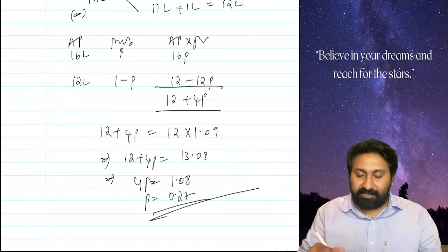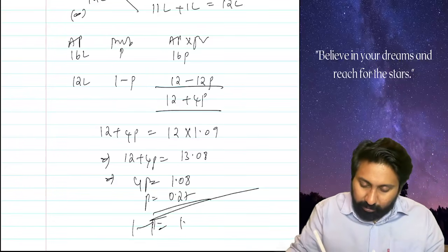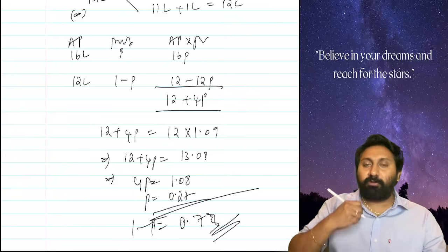Even in that case, you will get the same answer. 1 minus P equals 0.73.